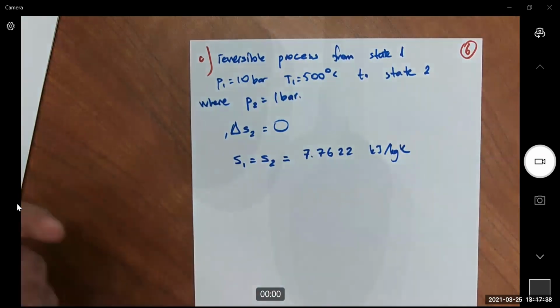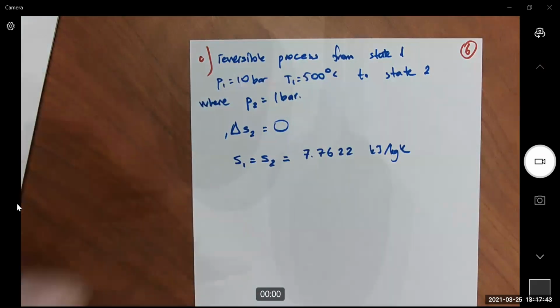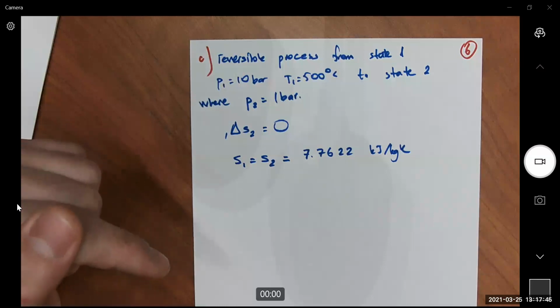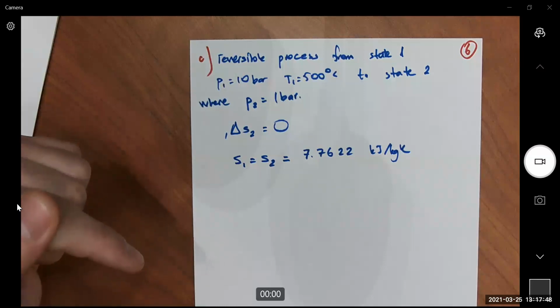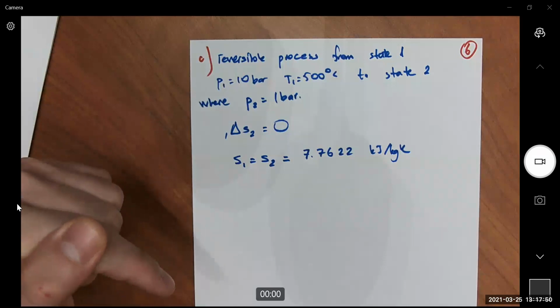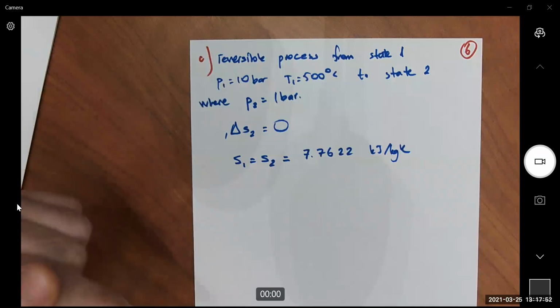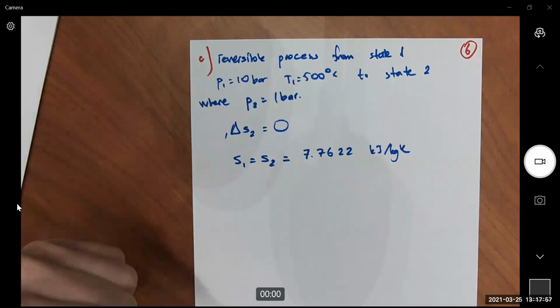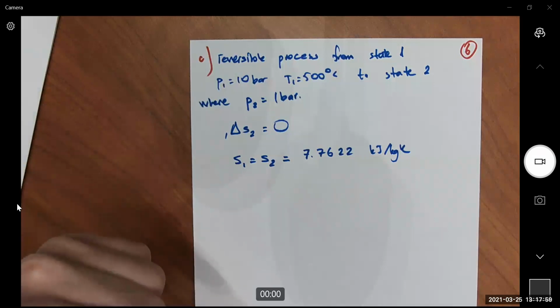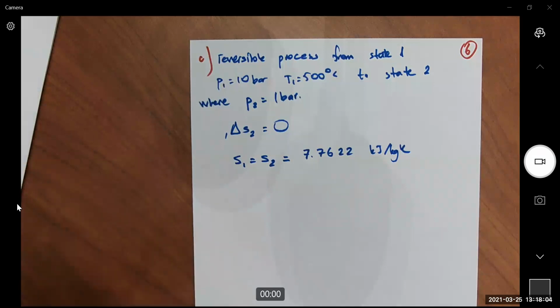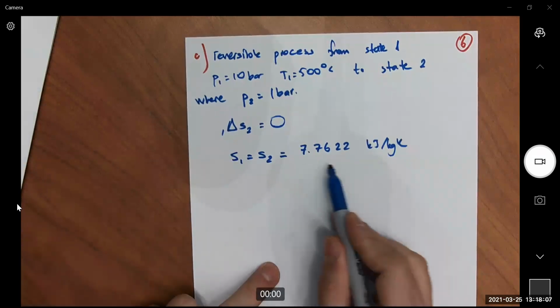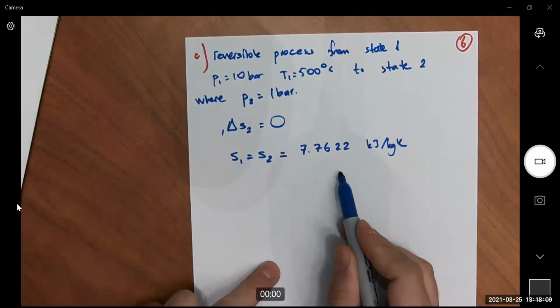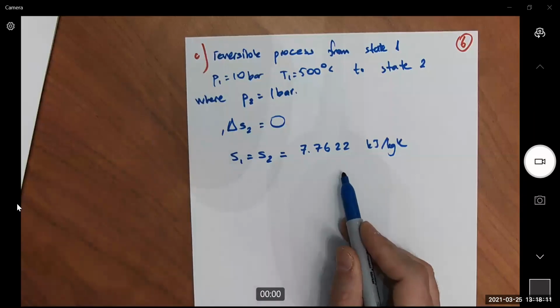Now I go back to my table, and at the given pressure at state 2, I knew my temperature for the irreversible case, but I don't know my temperature for the reversible case. But now I know my entropy for the reversible case, and I also know my pressure. Now I can go to the table and see what temperature this property corresponds to under that pressure.